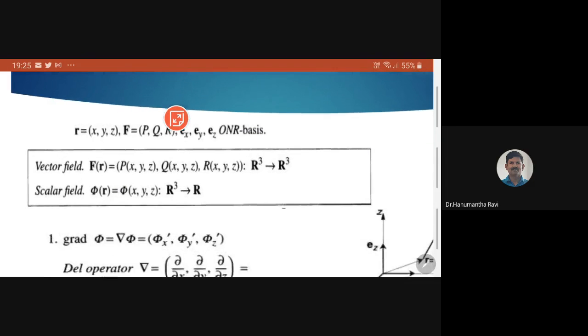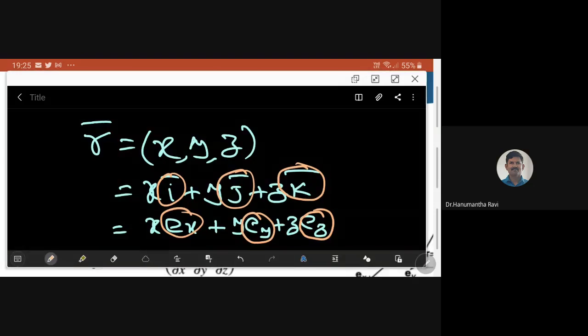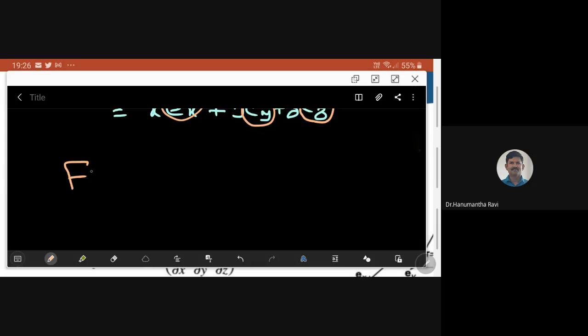Then we have this f bar. Yesterday I told you about the vector valued function. When we are talking about a vector valued function, we write f bar, and we said it can be written like this.